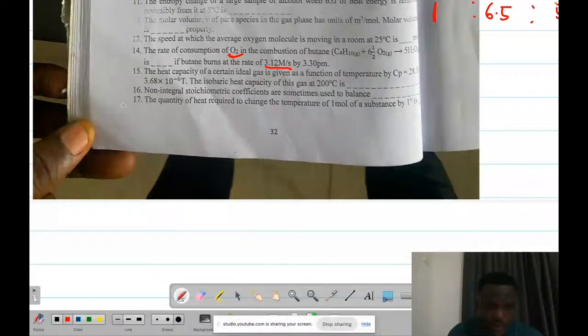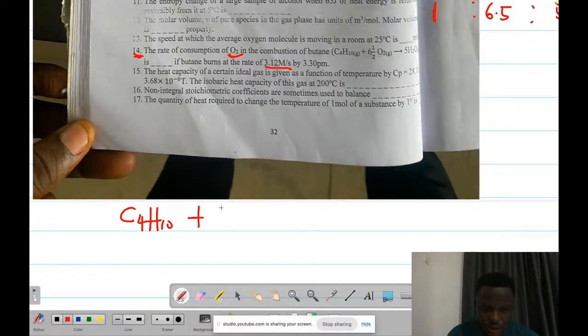So for this one now, they said the rate of consumption of O2 in the combustion of butane is dash if butane burns at the rate. So what this simply means, first, let's get the reaction. Now this is C4H10 plus 6 1 over 2. 6 times 2 is 12 plus 1 is 13.